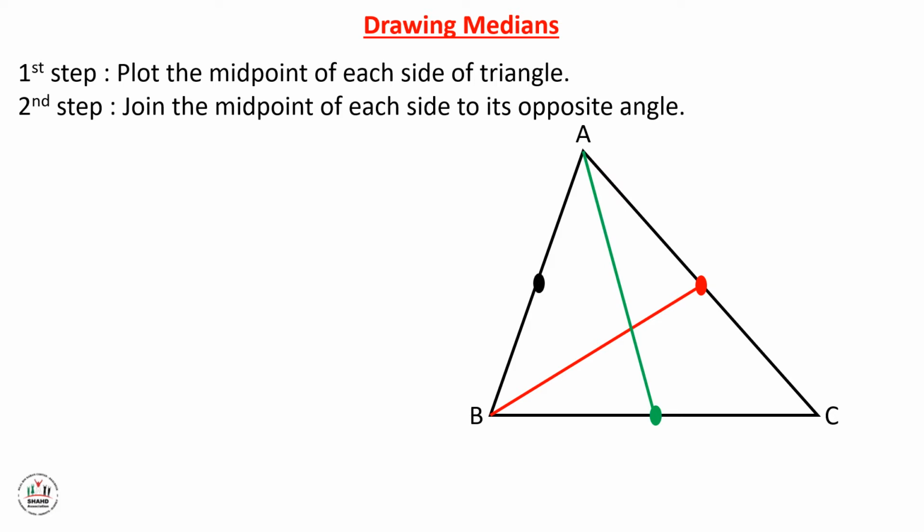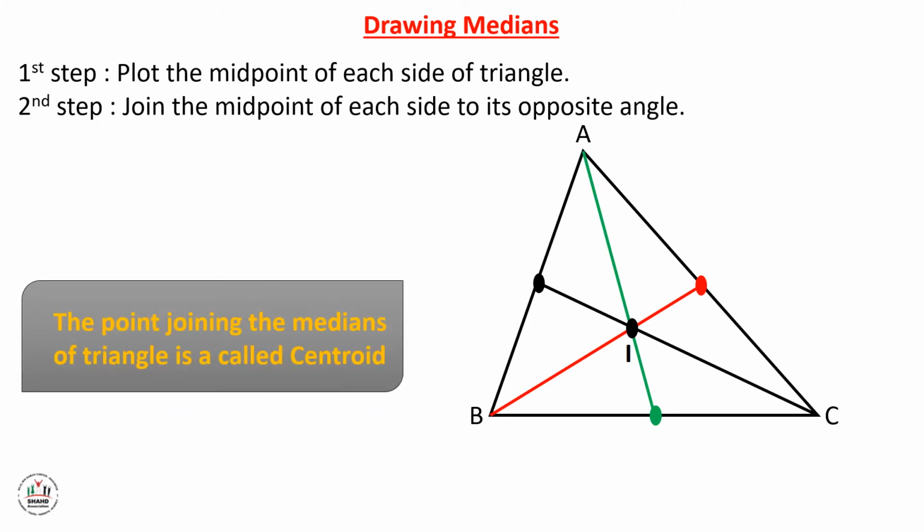And we do the same for the last side. This point I is the point joining the medians of the triangle, and it's called the centroid, or the center of gravity for this triangle.